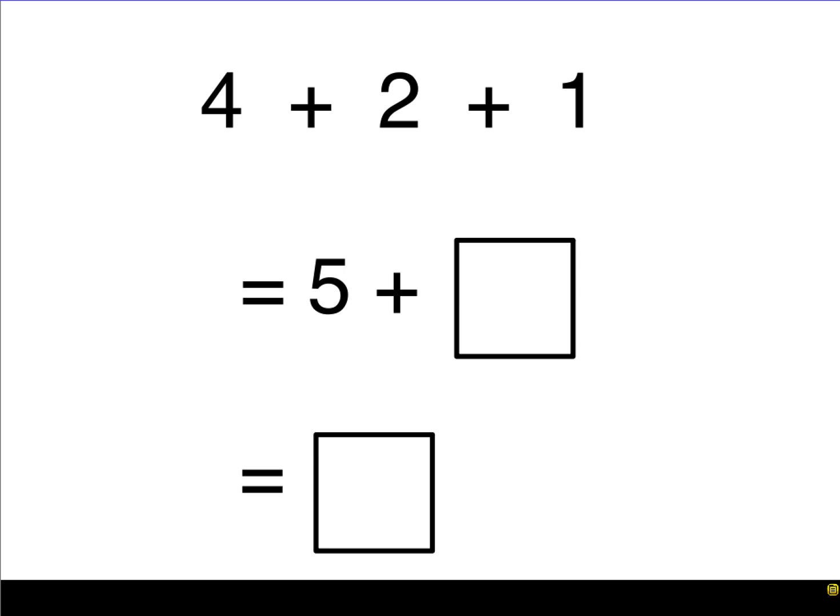Can you do it without me saying so? Five is the same as 4 and 1, which means you have 2. 5 plus 2 more, 5, 6, 7.